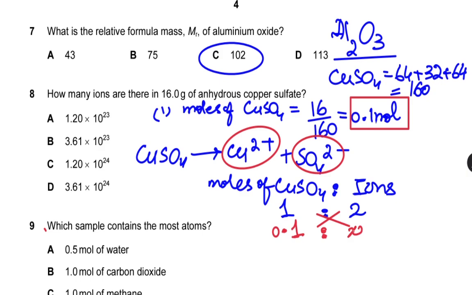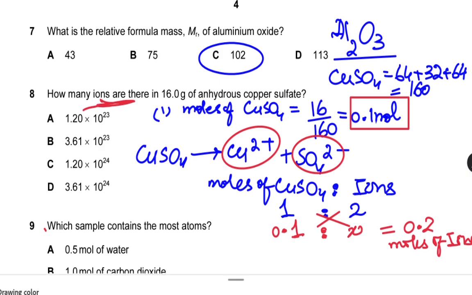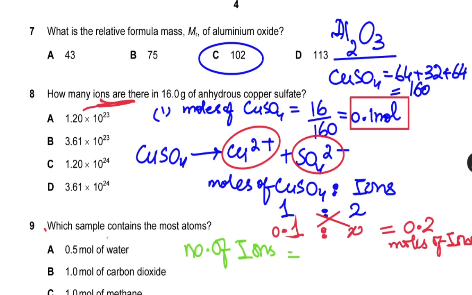We do the cross multiplication, and the answer will be 0.2 moles of ions in copper sulfate. Next we have to calculate the number of ions. Number of ions is equal to 0.2 multiplied by 6.02 into 10 raised to power 23.